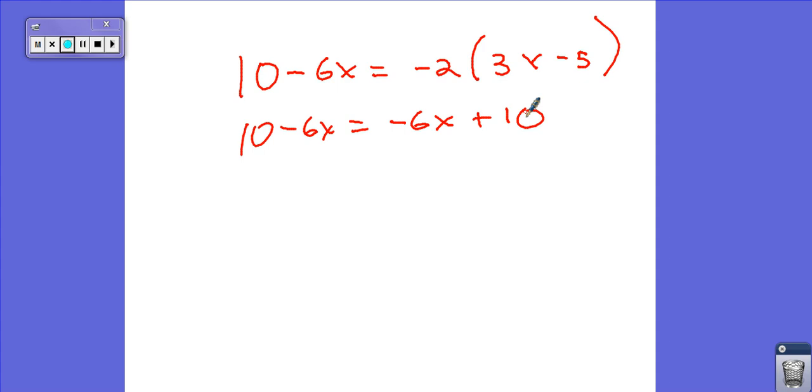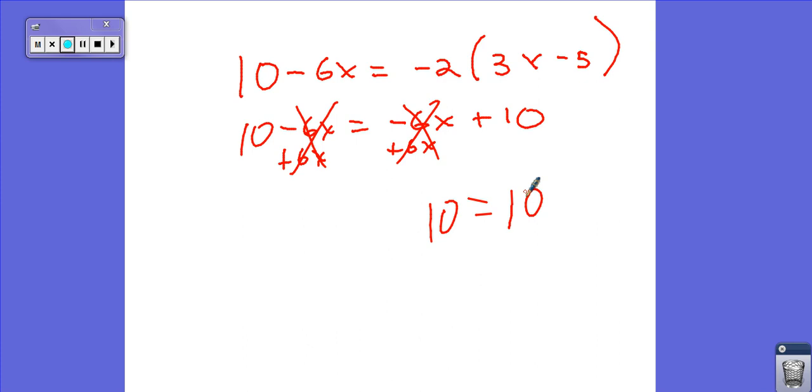You can check now. I believe you. Look what's going to happen when you do this. If I add 6x on either side, what happens? They're both gone, aren't they? There's no more x. 10 equals 10.